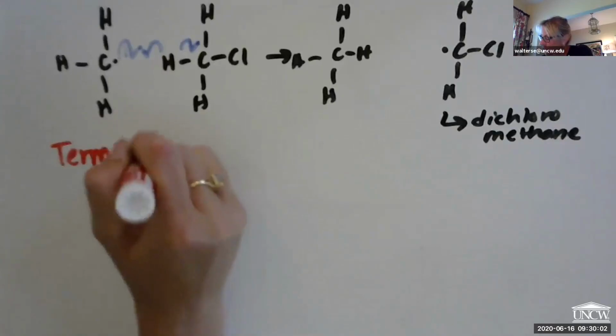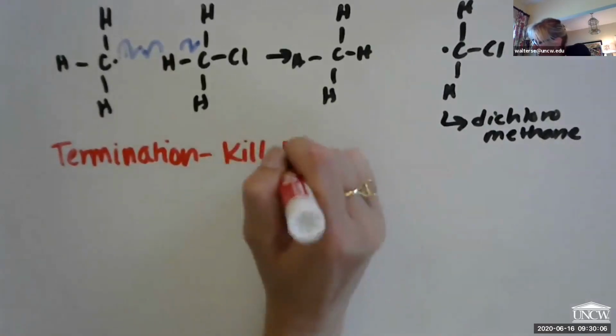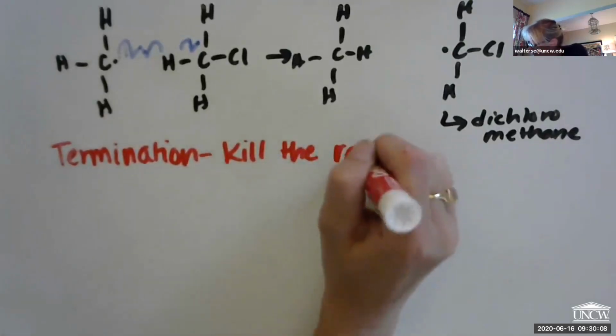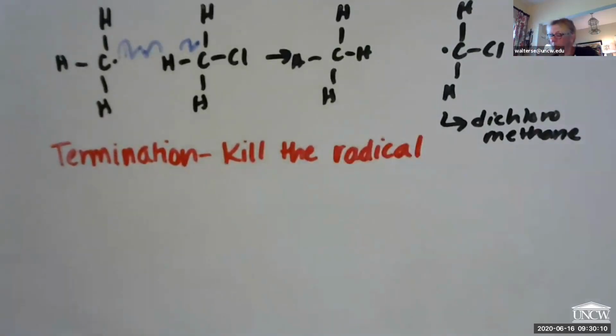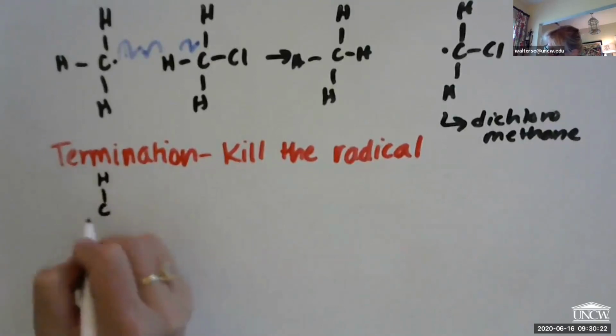And in the termination, you have to kill the radical. And it would be any two radical species meeting together. So you could have the one I drew on accident the last time.